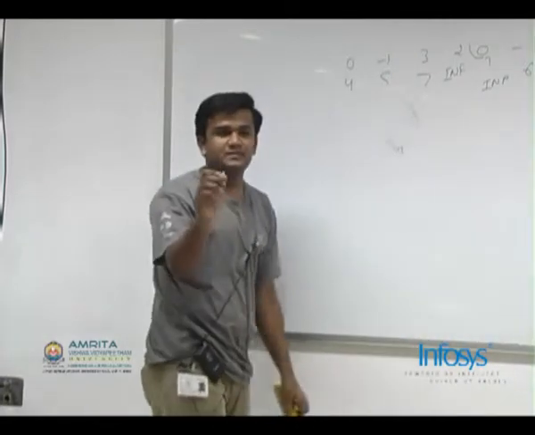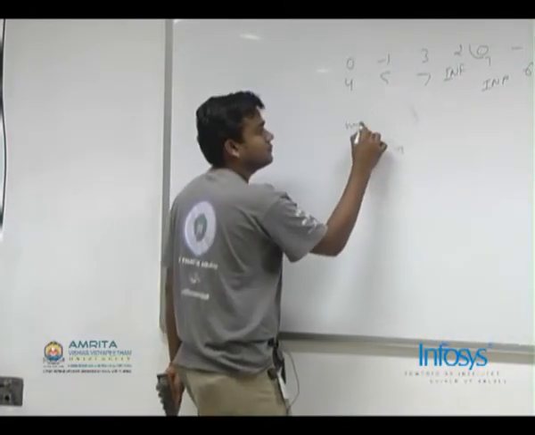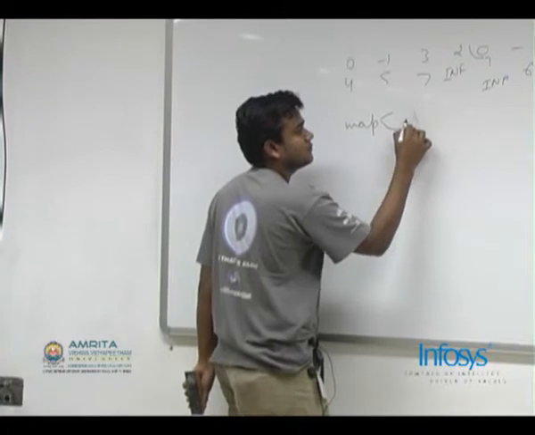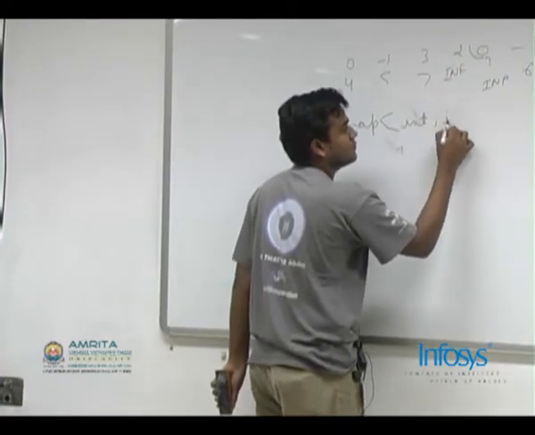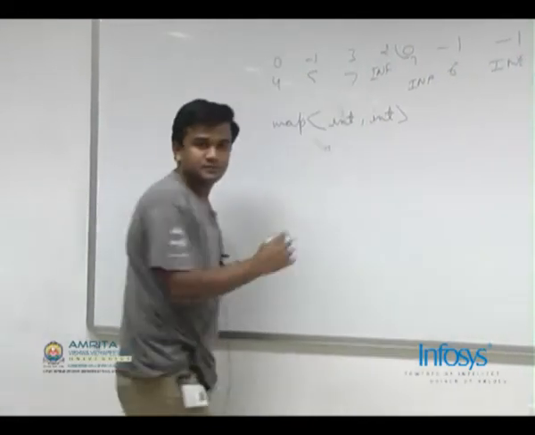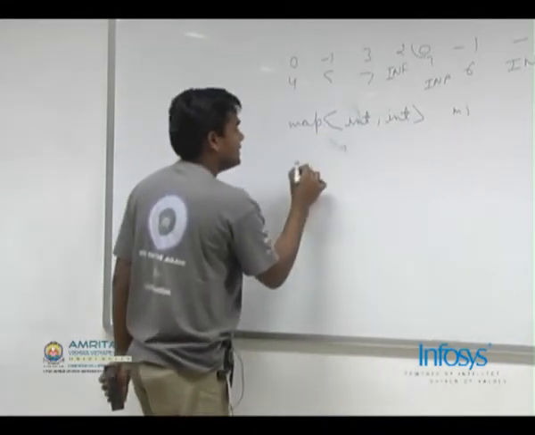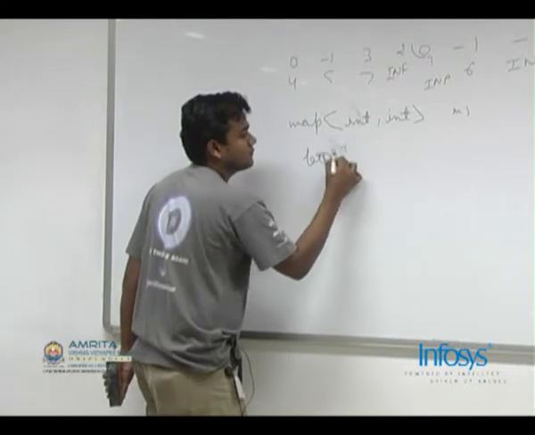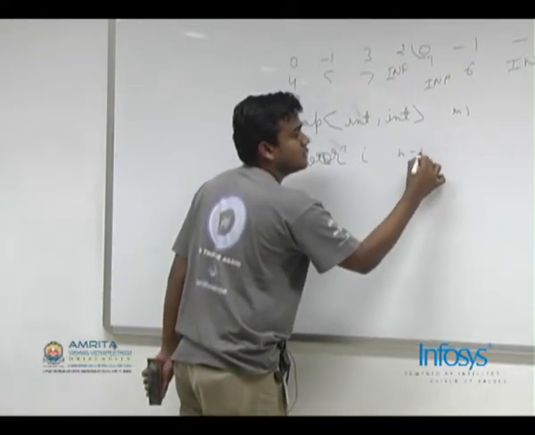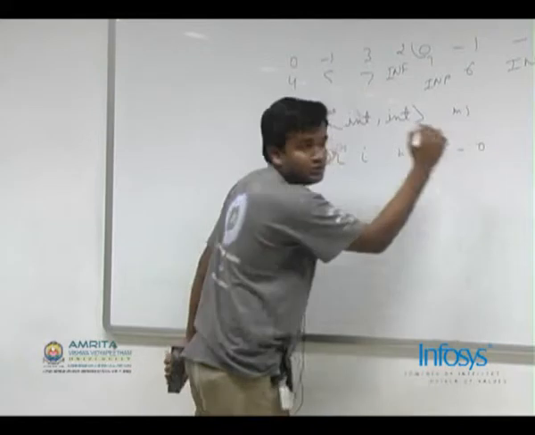Let's say we have a C++ map. So I'll write for i from n minus 1 up to 0.